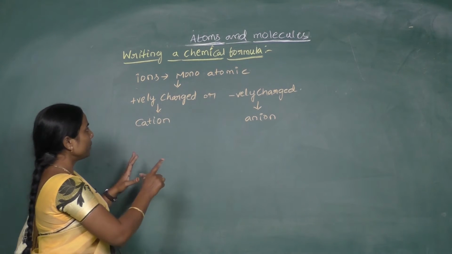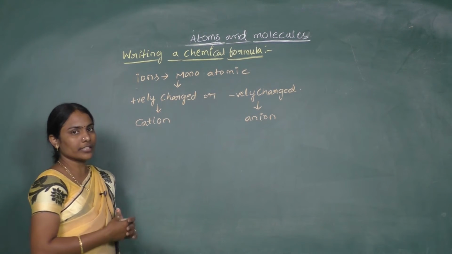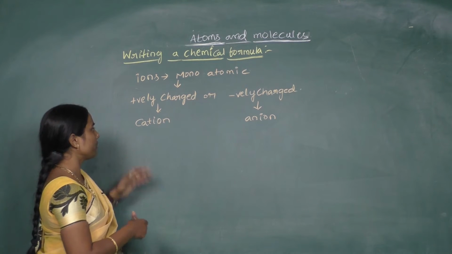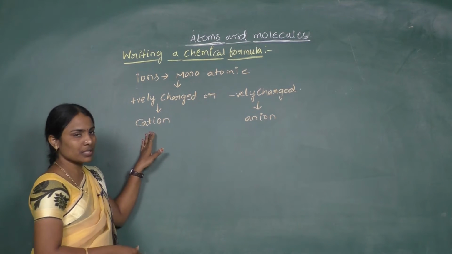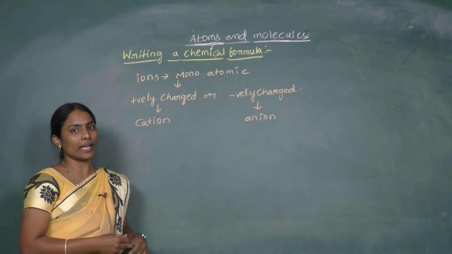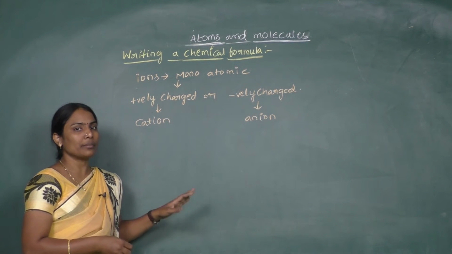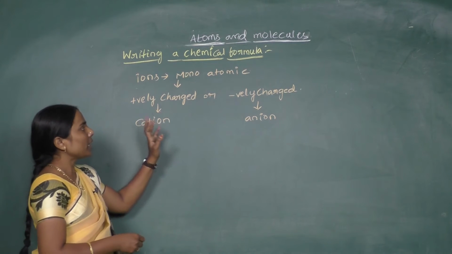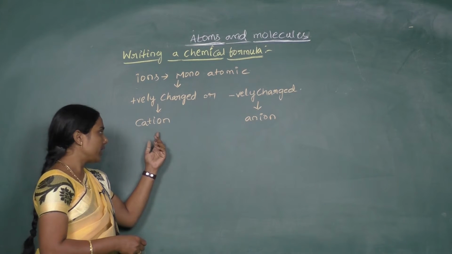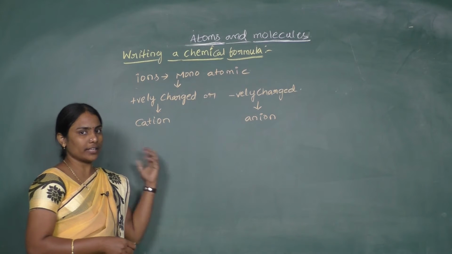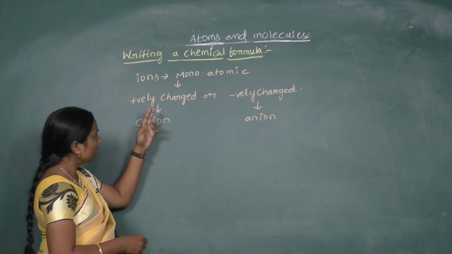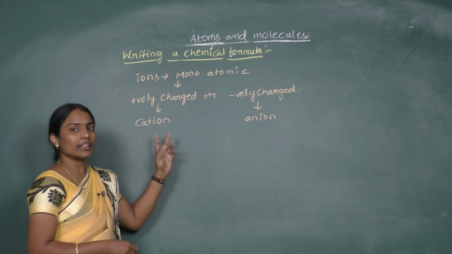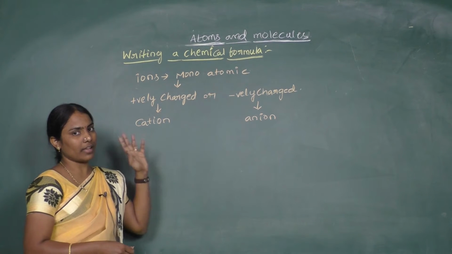So the different terminology we use when writing the formula of a compound is the words cation, anion, or sometimes polyatomic ion. A polyatomic ion can be either a cation or an anion, and even monoatomic ions can be a cation or an anion.